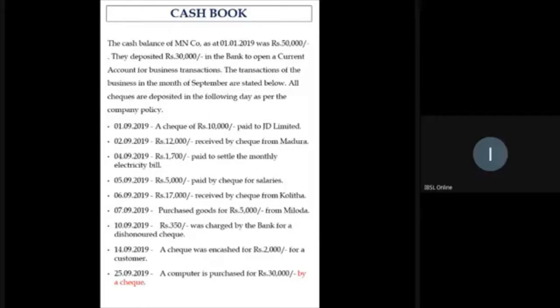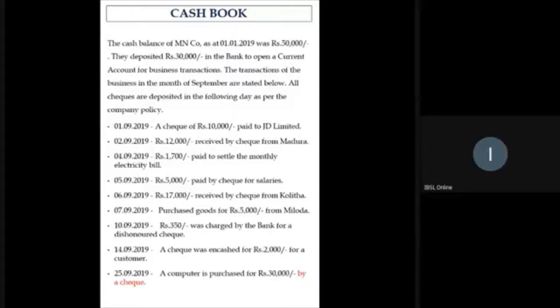Now there is a key element in this question that you need to understand. The cash balance of MN company as at 1/1/2019 was 50,000, which is very clear. So the company's brought forward balance on that day is 50,000. What they are doing is they are going to take out money from there and put it into a current account, which is going to be used for the business purposes.